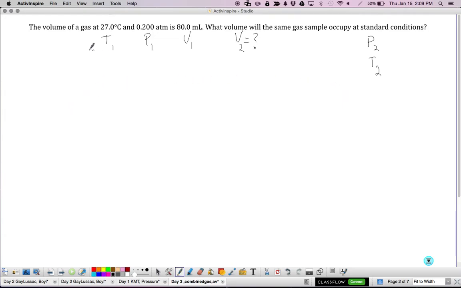Okay, so because I have everything changing, I'm going to do the combined gas law. P1 V1 over T1 equals P2 V2 over T2. And then I'm trying to isolate V2. That's what I'm trying to solve for. So I'm going to multiply both sides by T2 to cancel this T2, divided by P2 in order to cancel this one.